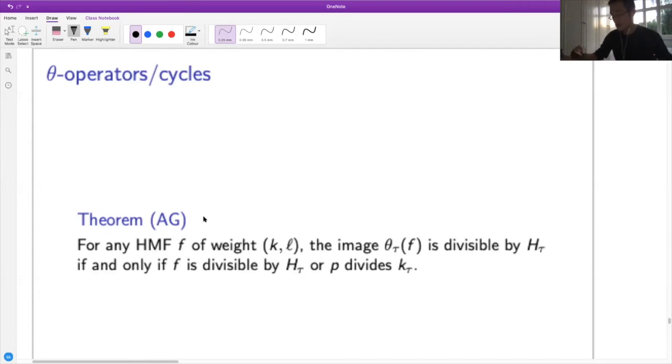If I'm given, I'm going to finish in a minute, a Hilbert modular form f of weight k, l, you can tell exactly when the Hasse invariant at tau divides the image of f by theta at tau. And that's when either f is divisible by H tau or p divides k tau.